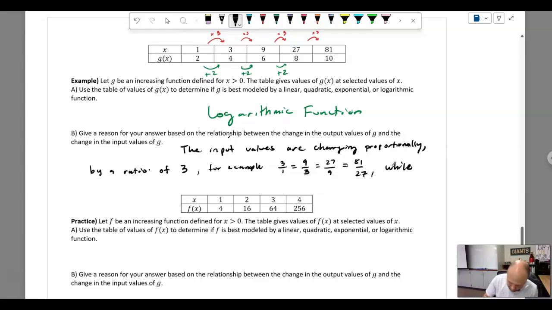While the output values are increasing by 2, or in parentheses here, I'm going to say adding by 2.